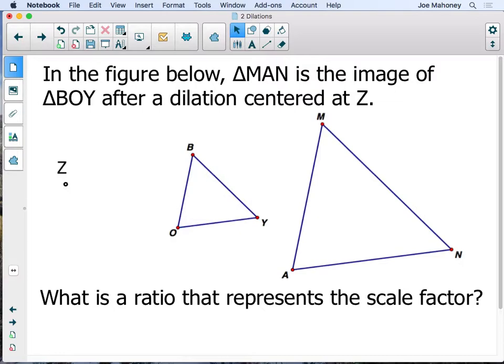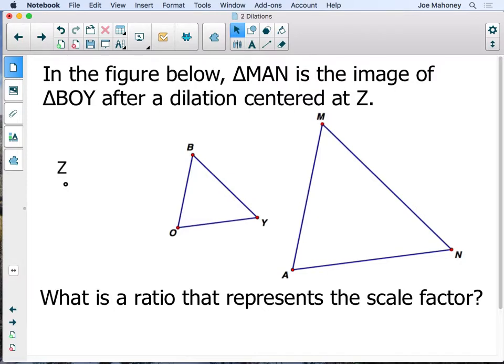How about that? So I've got a figure here. I got triangle boy, and then I dilate it centered at point Z to get triangle man. The boy has become a man. And I want to know what a ratio would be that would represent that scale factor. I don't have any numbers, but I can still write out what the ratio would be. Think about what we did before.